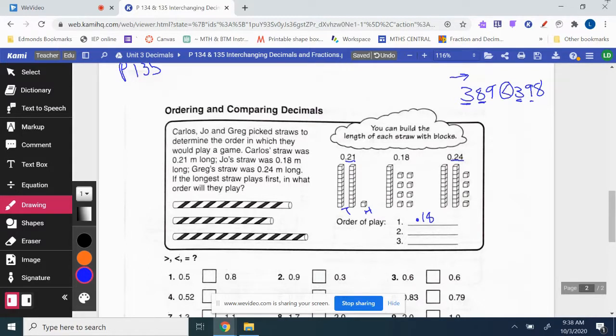That's the same when we're doing it with these. I know that 0.21, I'm going to compare that to 0.24 or 24 hundredths. My tenths are the same because I'm going this way, and now I see 1 versus a 4. Well, I know that 4 is bigger, so that's going to be bigger. So 0.21 and 0.24.